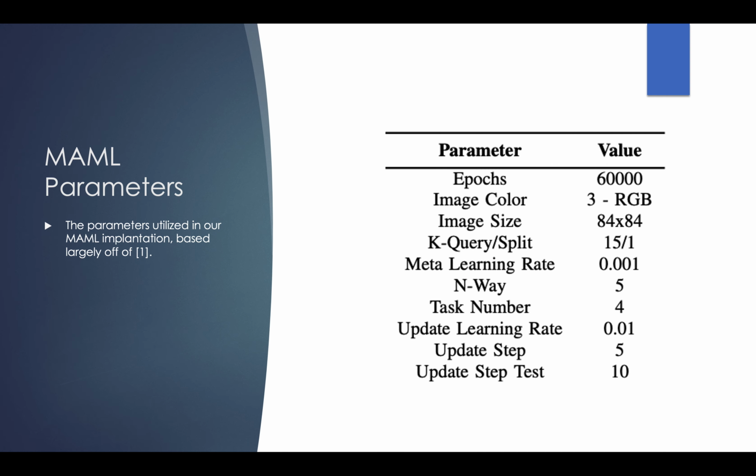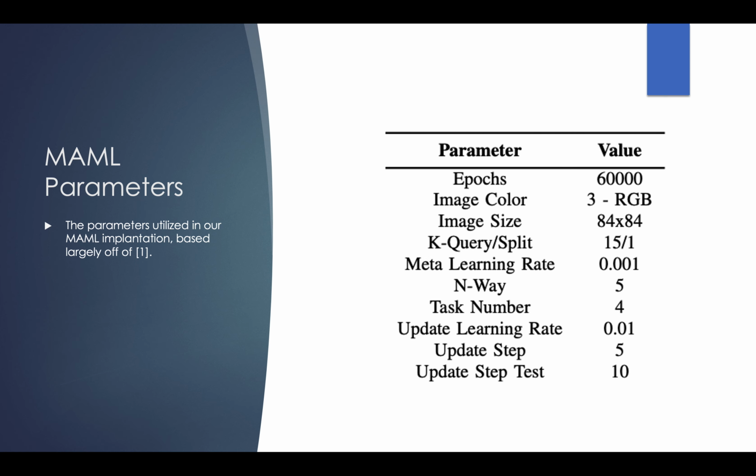So going into our specific model-agnostic meta-learning parameters, seen on the right, we used 60,000 epochs. We had our images in color, so the channel value was 3, or RGB. We resized all of our images to 84 by 84.